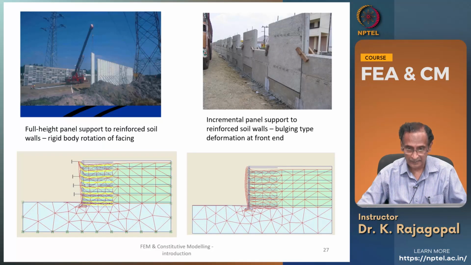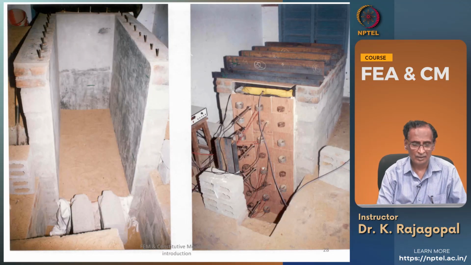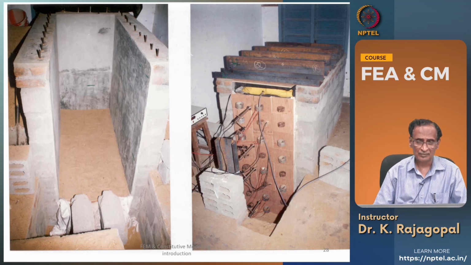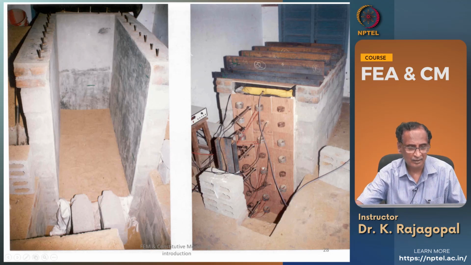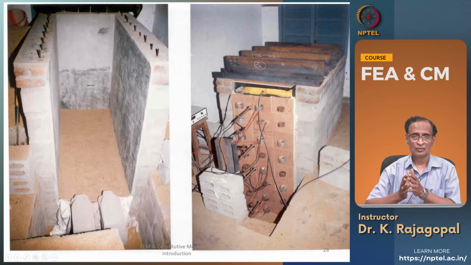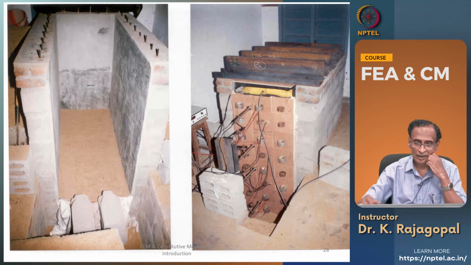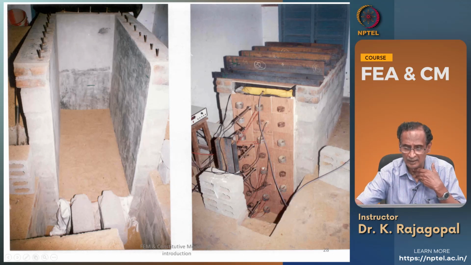type of behavior. And here you see one more small scale model test. Actually, this particular one is built at IIT Madras. The height of this wall is about 1.6 meters, and the width is about 750 millimeters, and this is the space for placing soil, and this entire height was filled with dry sand and supported by soil nails.